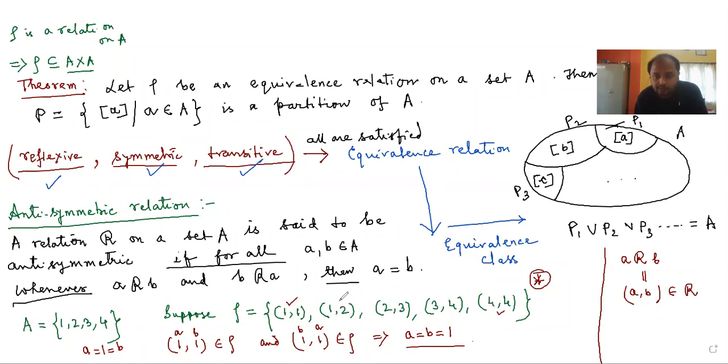Now, what about these three items, (1,2), (2,3), and (3,4)? It is mentioned that when ARB and BRA both hold together, then they must imply that A equals B. But here you carefully observe that (1,2) is present, so we would need an element like (2,1).